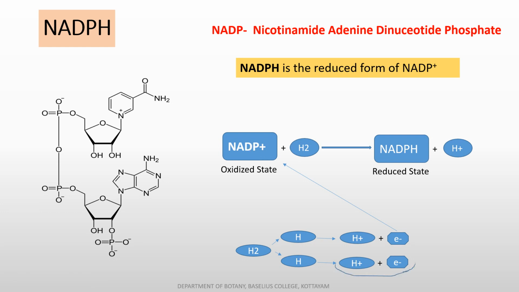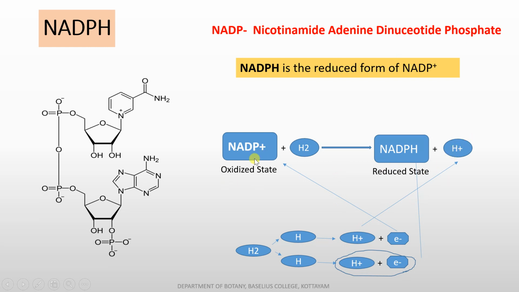Now 1 H plus and 1 electron together constitute one hydrogen atom, and this hydrogen atom is attached to this NADP and now it forms NADPH. Next, the remaining one is the H plus. This H plus is free, so this H plus is represented here.